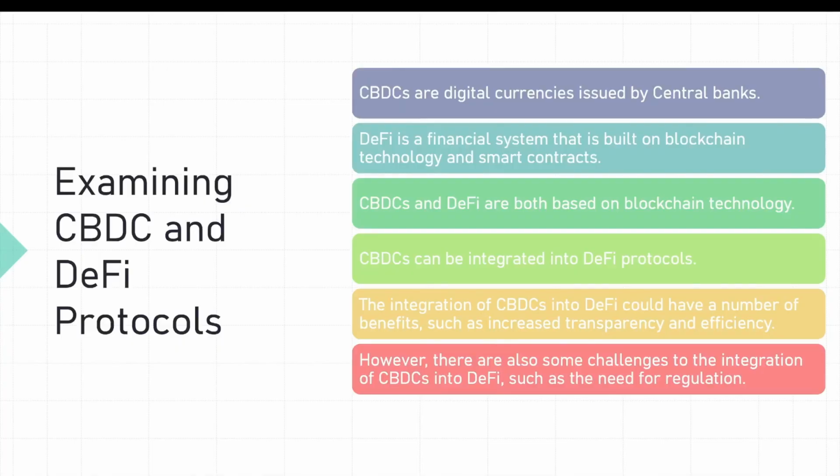Central Bank Digital Currency, commonly referred to as CBDC, is a novel form of digital currency that is issued and overseen by a country's central bank. Unlike traditional currency, CBDC has the status of legal tender, meaning that it is recognized by government authorities as an accepted medium of payment.